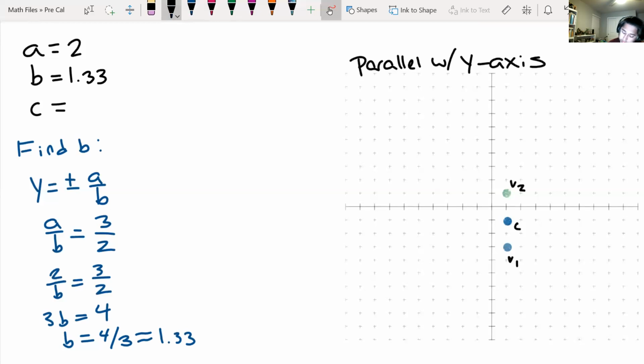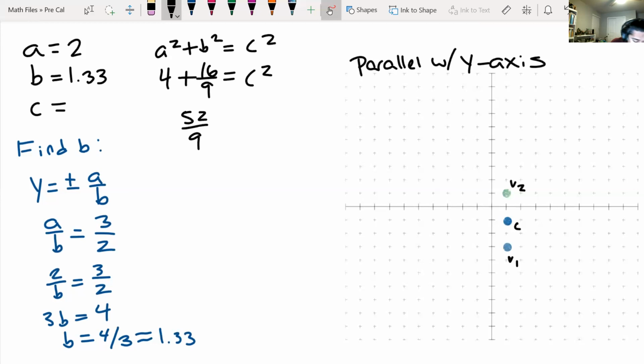Which means we can find c. A squared plus b squared equals c squared, so 4 plus 1.33 squared, which is going to give me 52 over 9, and then we're gonna square root it. Well, 4 plus 16 over 9, right? Because 4 times 9 is 36, and 36 plus 16 is 52 over 9.